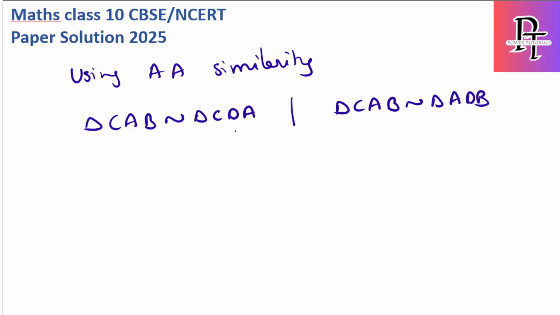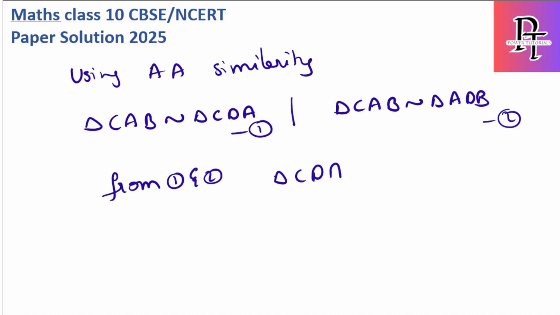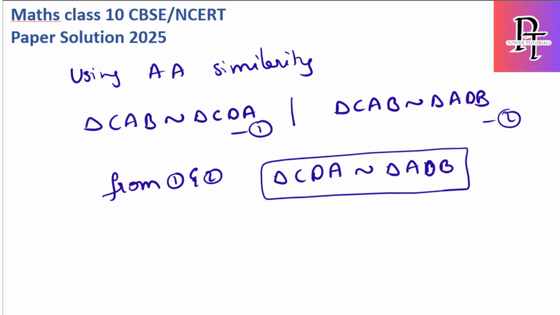Okay, so let's write this as 1 and this as 2. I can write from 1 and 2, triangle CDA I can write as similar to triangle ADB. So this is done. What about the other one?